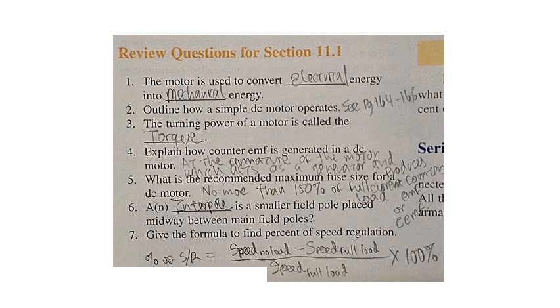For this, you can review page 167 on the left side of your text, but in basic terms, the counter EMF is nothing but a voltage usually smaller than the voltage that is running through the DC motor armature, through the DC motor field windings. However, it could be somewhat significant.